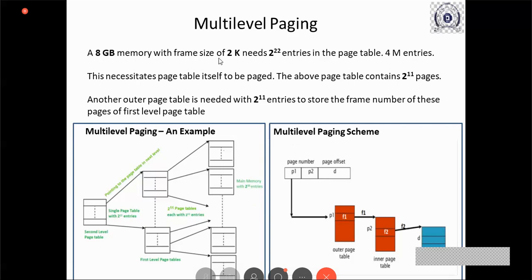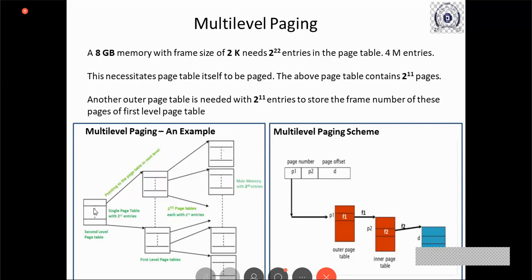So that forms the first level. Here you can see that we need 2^22 entries in the page table. So definitely 2^11 pages will be there in the page table. In order to keep the frame numbers of these 2^11 pages, we should have another page table, which is the outer page table.